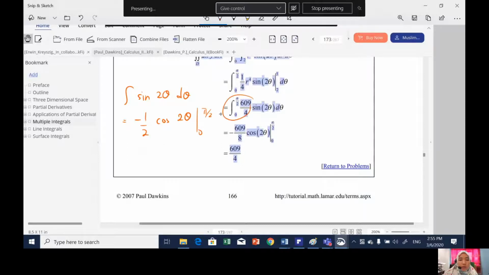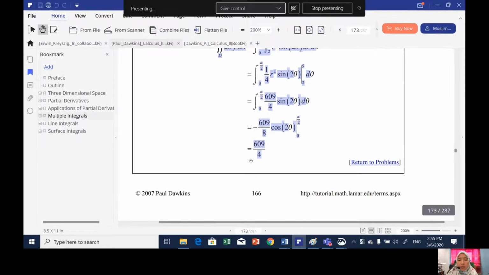There is a constant here, so later on you can combine. Please make sure you don't write down cos 2 theta over 2. I don't suggest students write it like this, because usually they just cancel these two. We cannot cancel out because there is a constant, and the other one is the angle. Once we simplify, you will get 609 over 4.